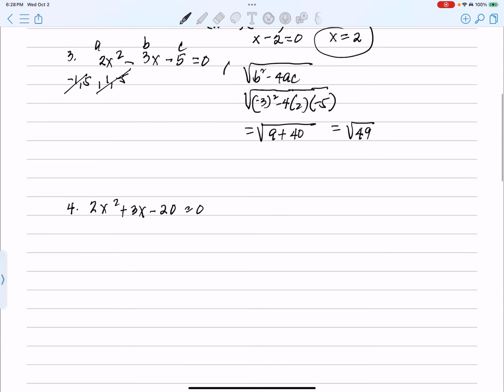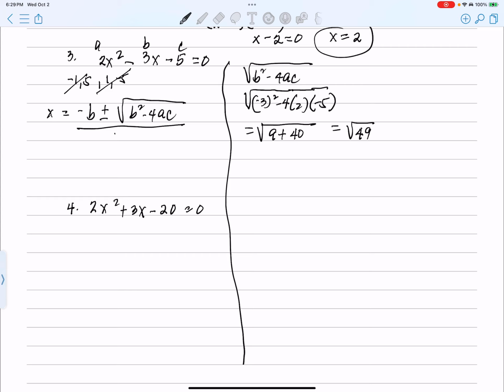So what is our quadratic formula? Let's recall. That is negative b plus or minus the square root of b squared minus 4ac, over 2a.